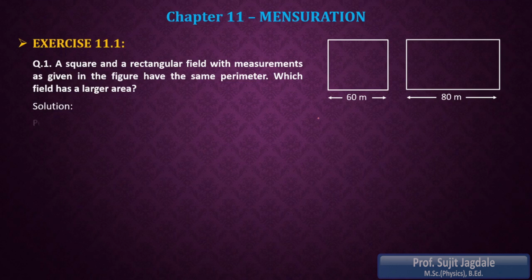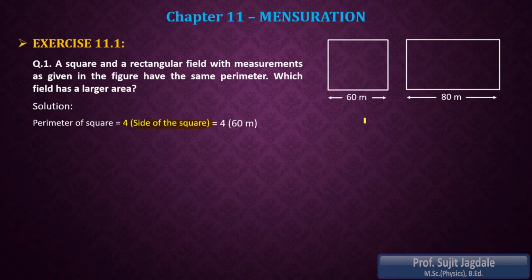Okay, so first of all we will calculate the perimeter of the square. What is the formula for the perimeter of a square? 4 into side of the square. Any one side you can take because all the sides are equal, and perimeter means addition of all the sides. So here 4 times we have to add the same value, so perimeter is 4 times the side.